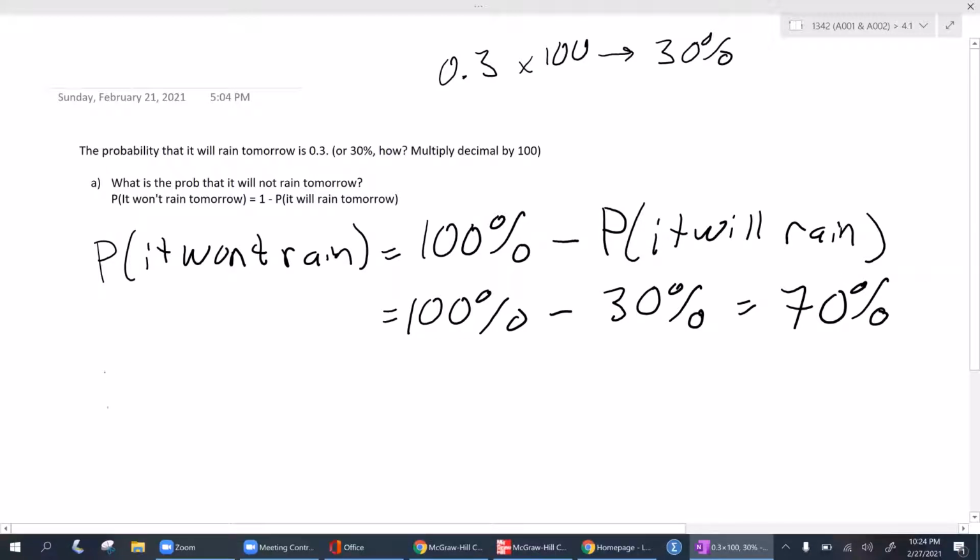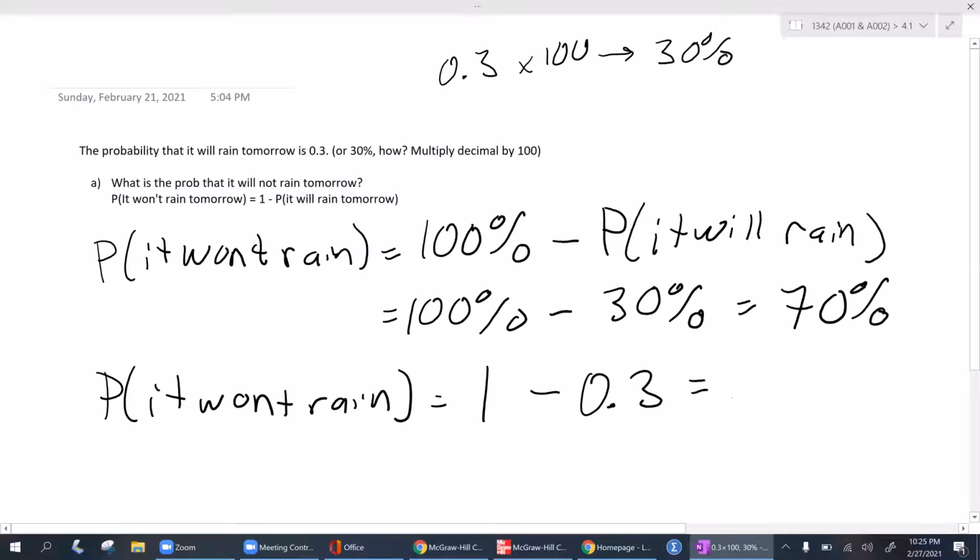The probability that it won't rain is going to be 1 instead of percent, 1 minus the probability that it will rain tomorrow. We know that is 0.3, and whenever we plug that into our calculator, this gives me 0.7.